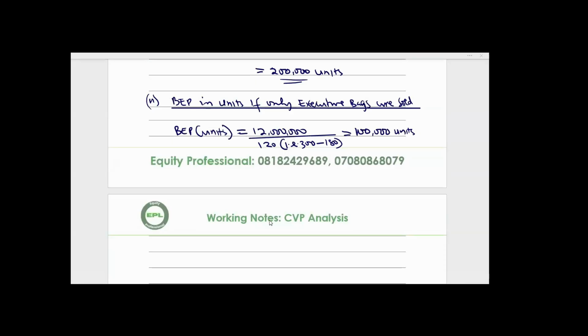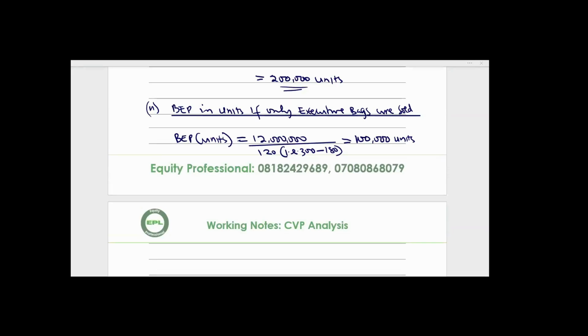Okay? Then number C, you have to calculate the budgeted operating profits and break-even points if 200,000 units are sold, but only 20,000 are executive bags. So out of 200,000 units, if 20,000 is for executive, it means that 180,000 units is for common bags.